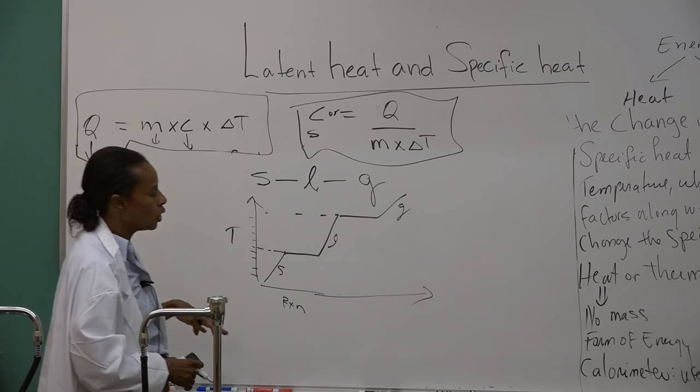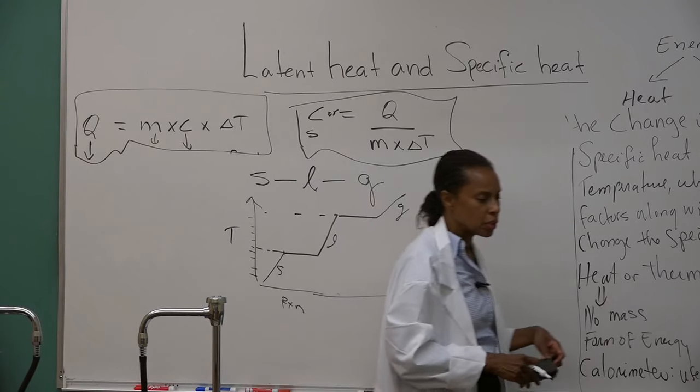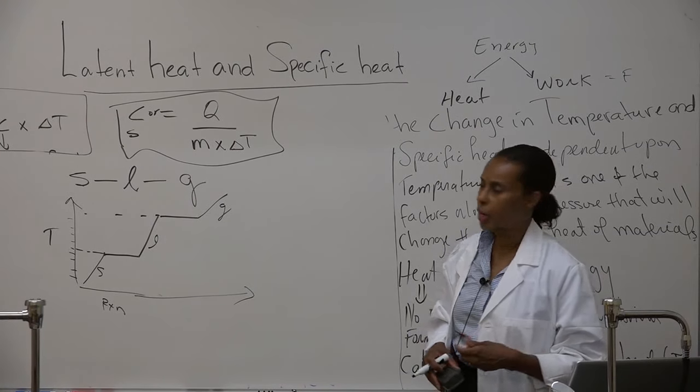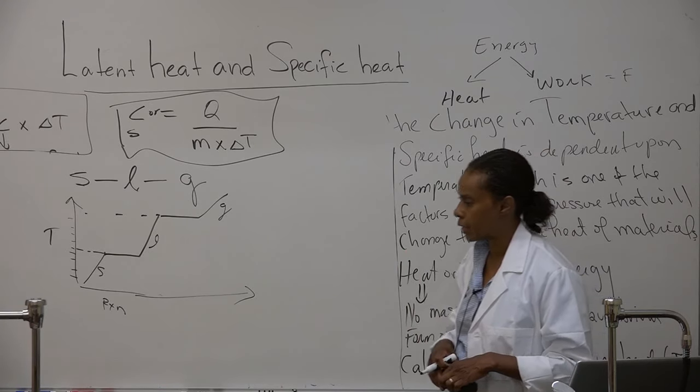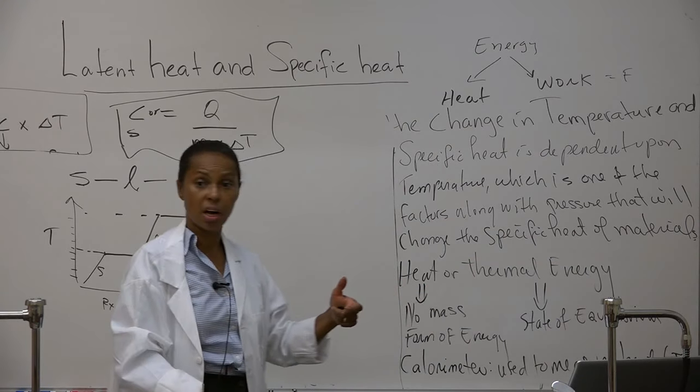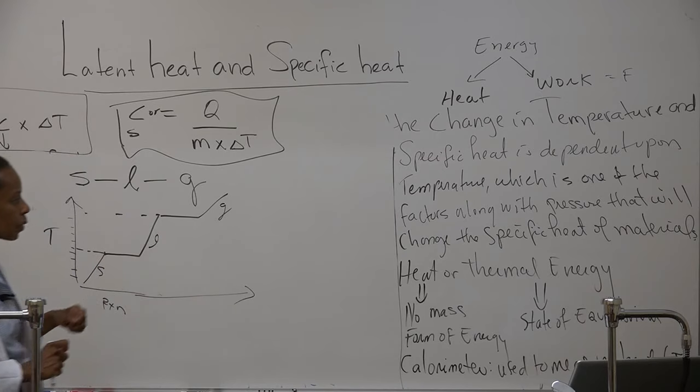Now we're going to look at a different type of curve, which is called the triple point and critical point diagram. This one again shows the solid, liquid, and gas, and we're going to try to bring this up with our projector.